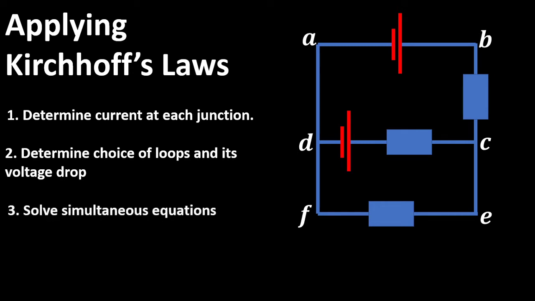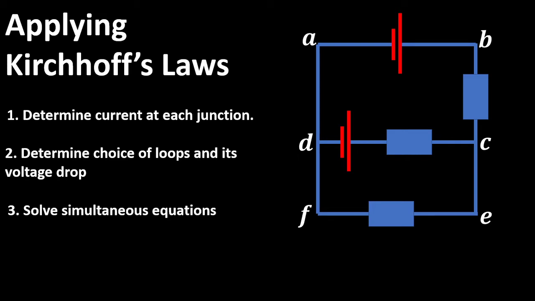Now, just to mention that whenever you have a simultaneous equation problem, you should have an equal number of unknowns and equations. That means if you have two equations, you should have two unknowns, or it's the other way around. If you have two unknowns, you have to have at least two equations to solve the problem.